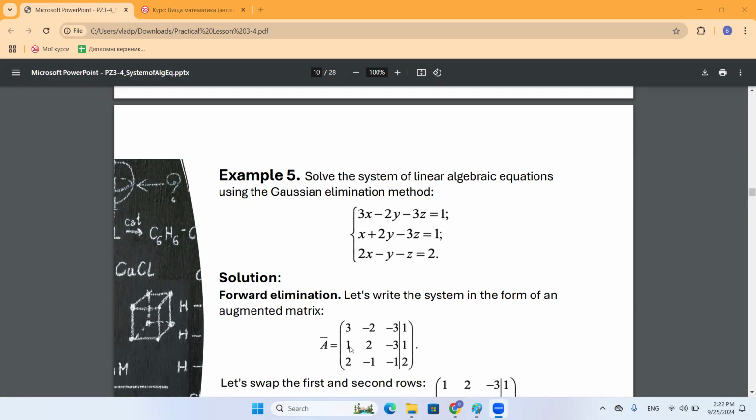So we will have to get zeros here, and then we will find the solution. By the way, you actually used such a method in school, but just without knowing it.